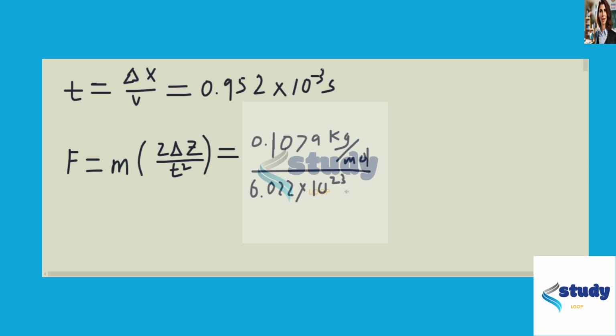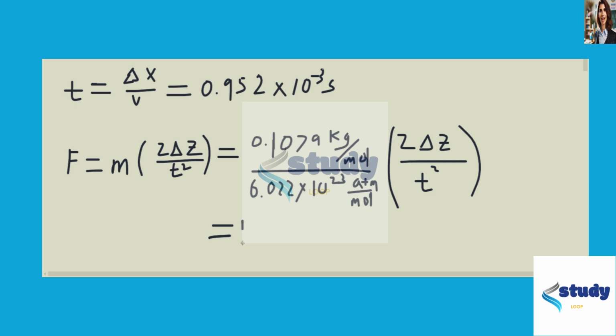So that's our value for the mass. And then again multiplied by our 2 times delta z over t squared. This gives us a value for our force of 0.98 times 10 to the minus 22 newtons.